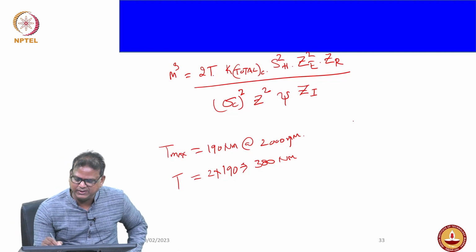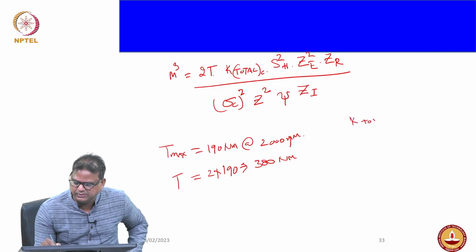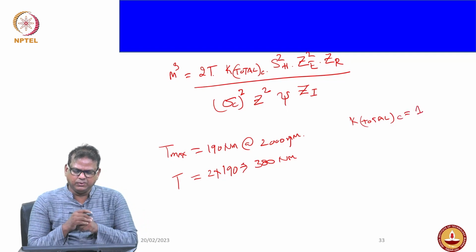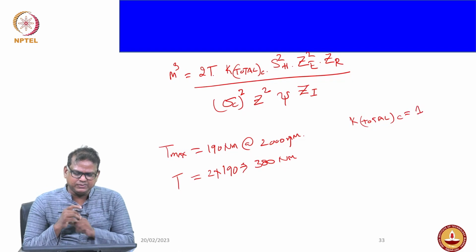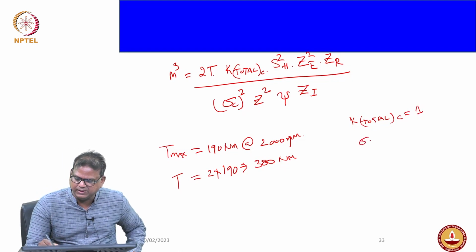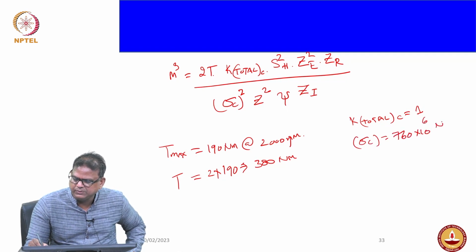So we assume this K total as something, we'll simplify that, otherwise it will take more time. Then sigma C square we already know. Sigma C value equals 760 into 10 power 6 Newton per meter square.